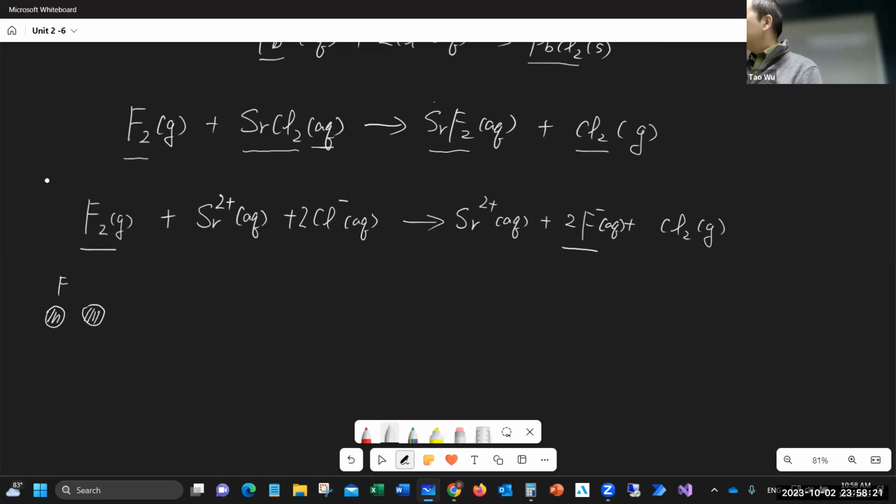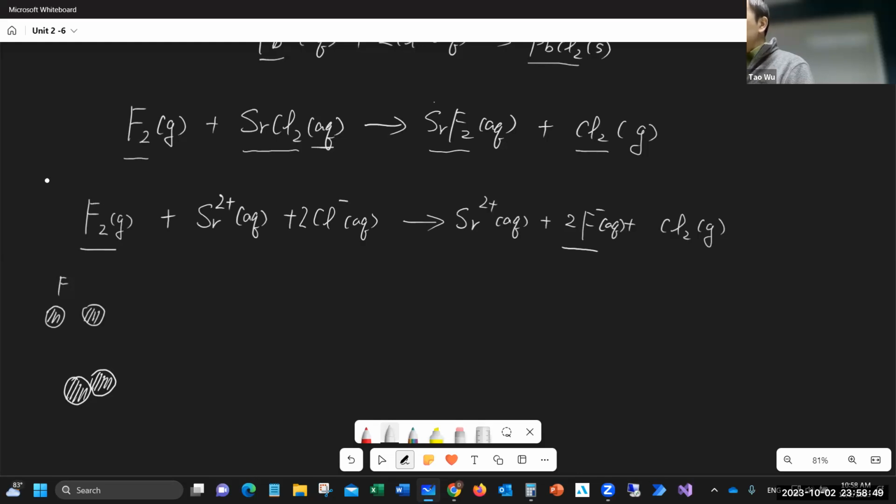F2 means this is a molecule made by two fluorine atoms. The whole thing is combined together, making F2. So that's why you put the 2 over here, and this 2 belongs to the one molecule. So this one molecule contains 2 fluorine atoms.